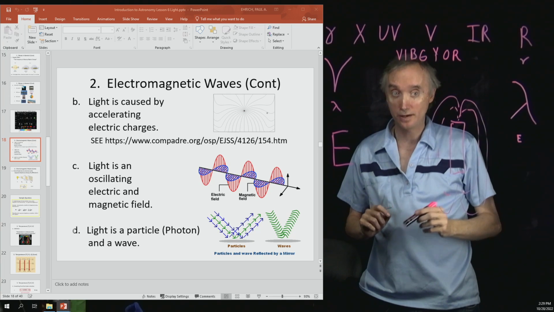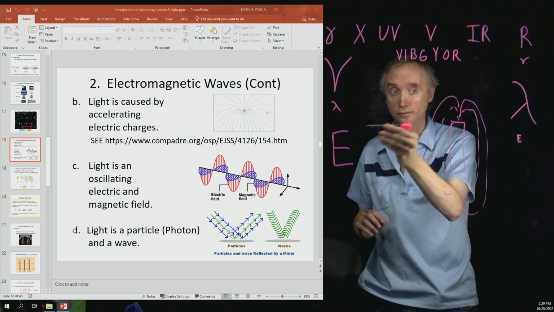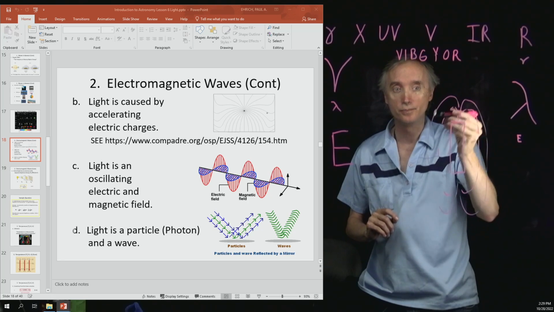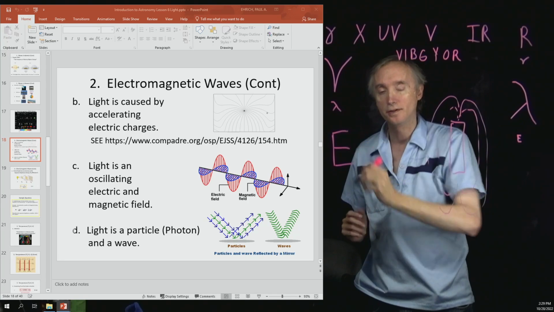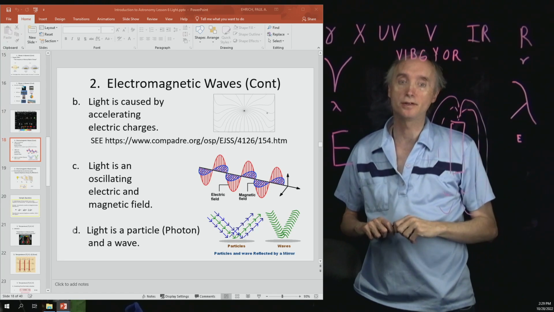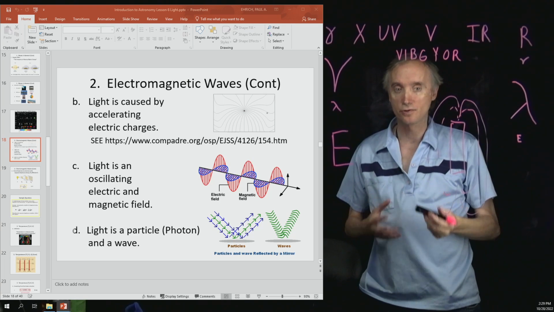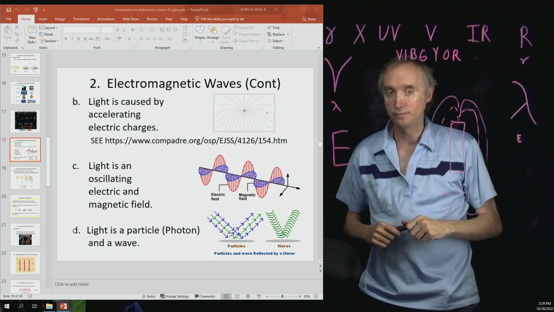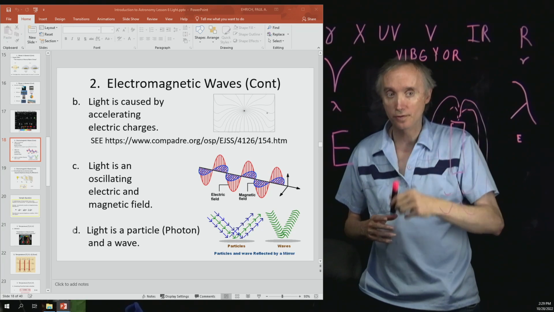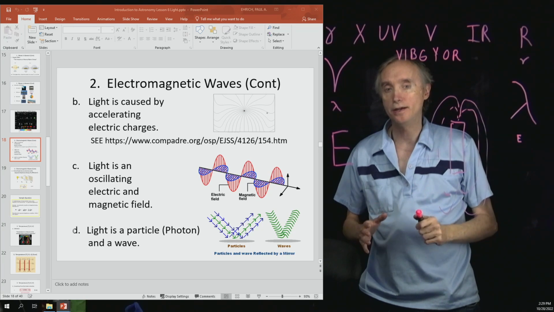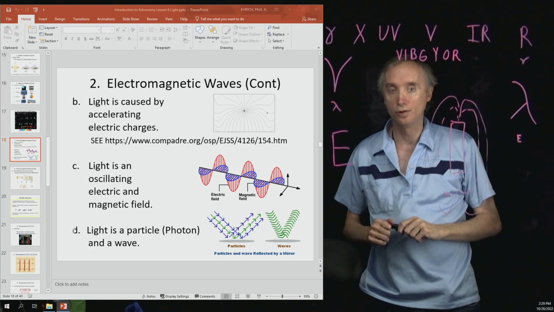Well, it is behaving like a particle, but at the same time, it's going up and down. It's just that you can't see it. So its wave-like characteristics are so small that you don't notice them. But particles, or matter, are both a particle and a wave, and light is both a particle and a wave.